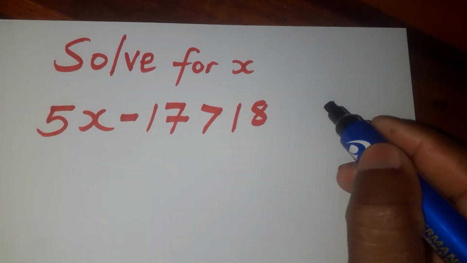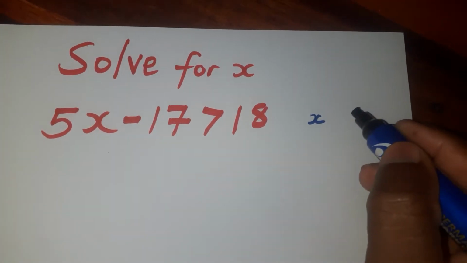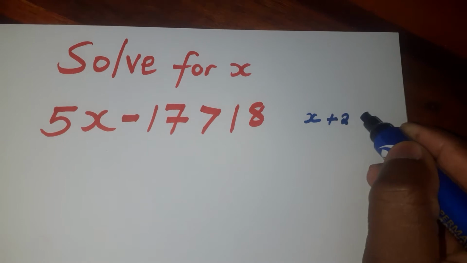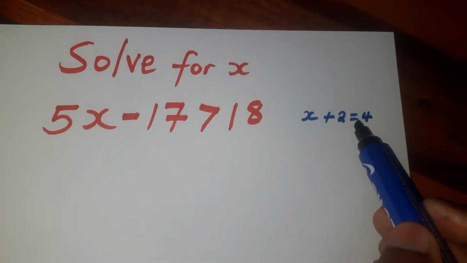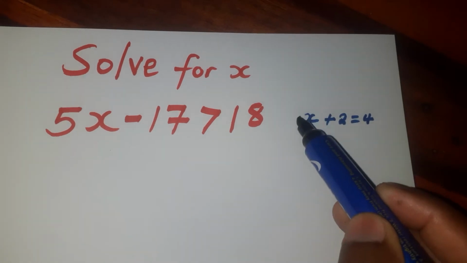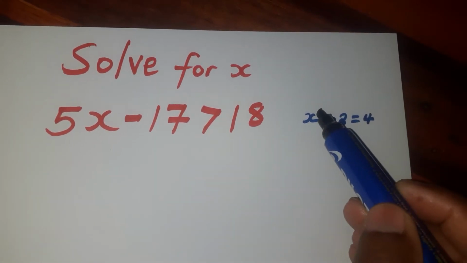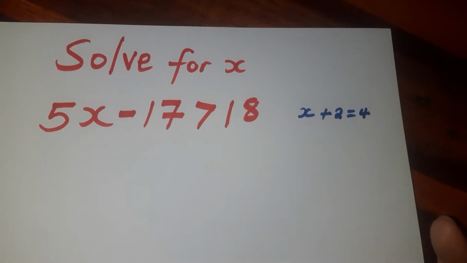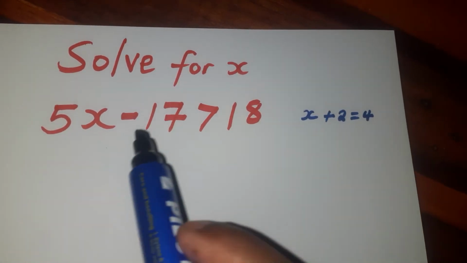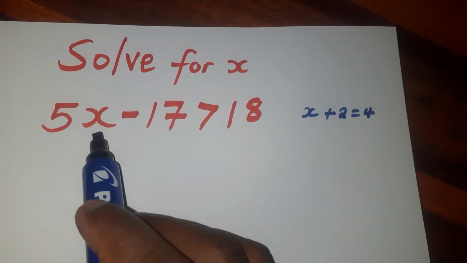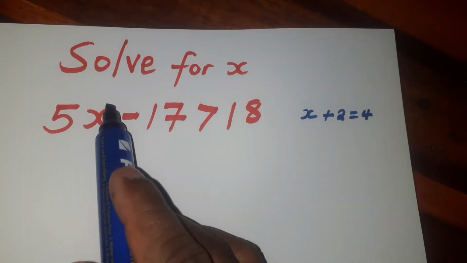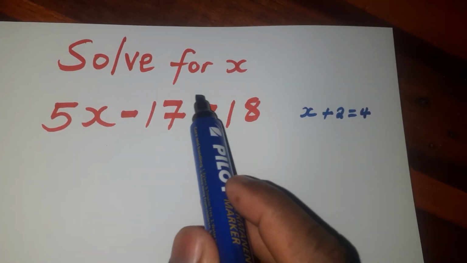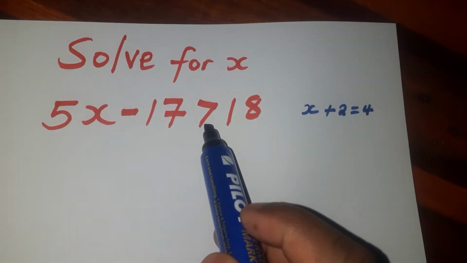Let's say, for instance, if we have x plus 2 equals 4, because of that equal sign, we say that is a linear equation and the variable is to the power 1. We call it a linear equation. But in our case here, we call this a linear inequality because the variable is to the power 1 and instead of equal we have an inequality sign.